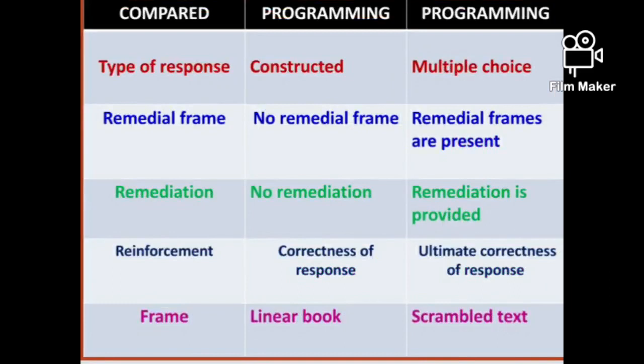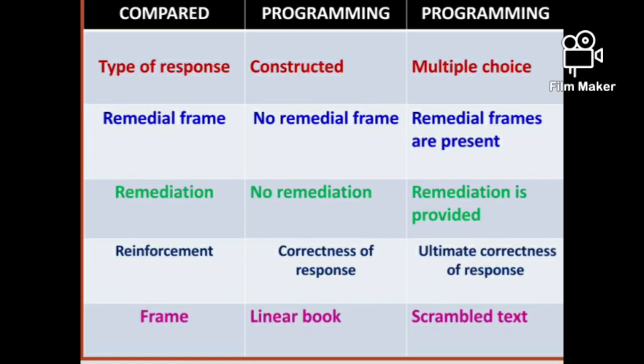The type of response in linear programming is constructed type response, whereas it is multiple choice type in branched programming. In linear programming, there is no remedial frame, whereas remedial frames are present in both forward and backward branched programming. In linear programming, no remediation is given for wrong response, whereas remediation is provided for branched programming.